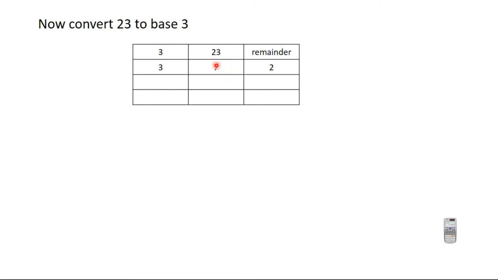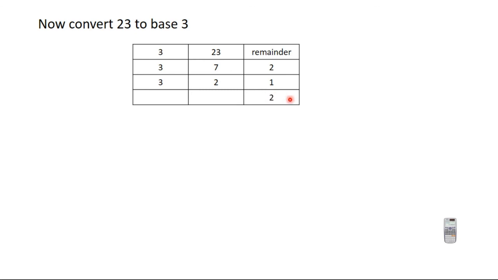Then the next step, you divide 7 by 3, and that's going to give us 2, remainder 1. Since 7 divided by 3 will give us 2, 3 times 2 will give us 6. 7 minus 6 will give us the remainder of 1. Now, since 2 is less than the number here, you are going to write it here as the last number.